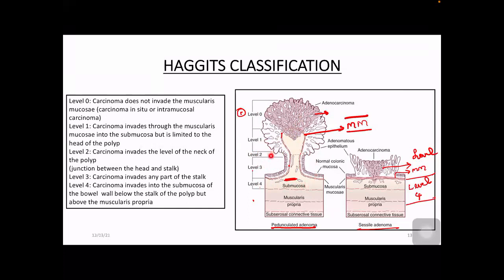So levels 1, 2, 3, 4 are invasive cancer because they invade the muscularis mucosa, whereas level 0 is intramucosal. In a sessile adenoma, there are only 2 levels because it doesn't have a stalk. Level 0 is intramucosal, and once it invades the muscularis mucosa, it comes to the submucosa, where it becomes level 4.